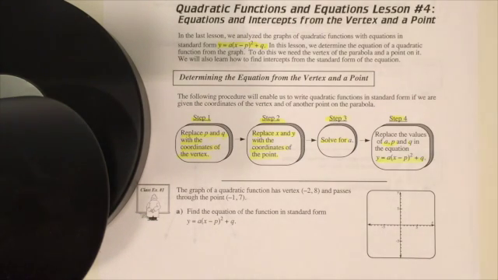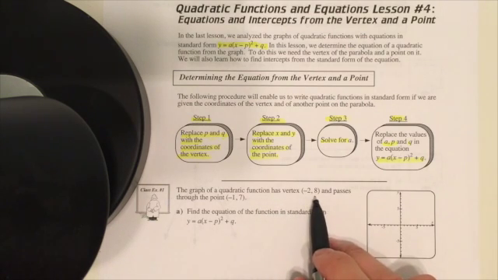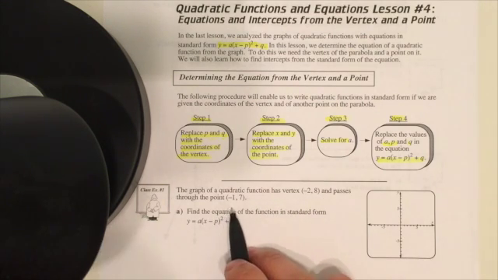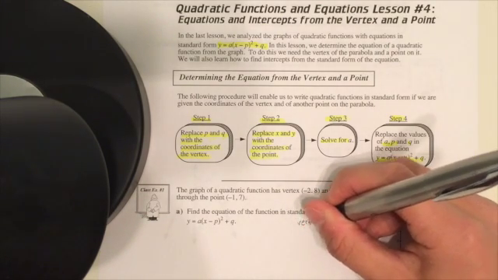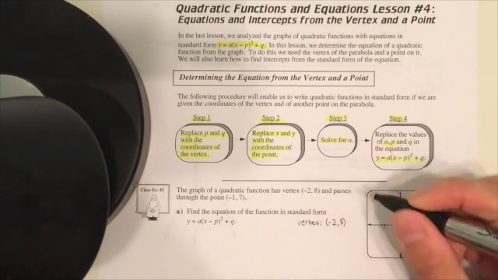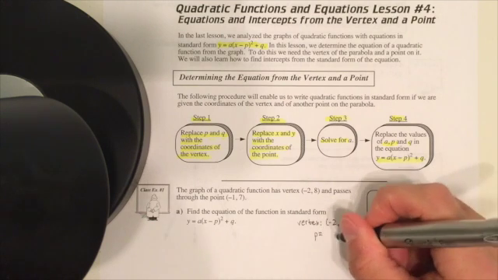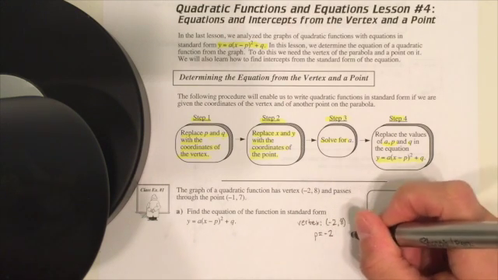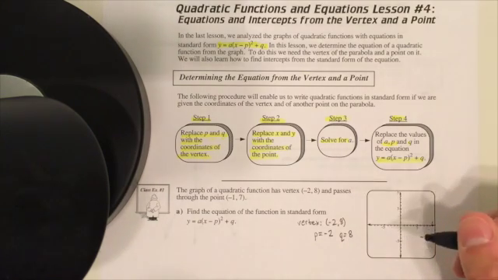So let's start. The graph of a quadratic function has a vertex at (-2, 8) and passes through the point (-1, 7). First, let's list our vertex: (-2, 8). That means our p value is -2, and our q value is 8.